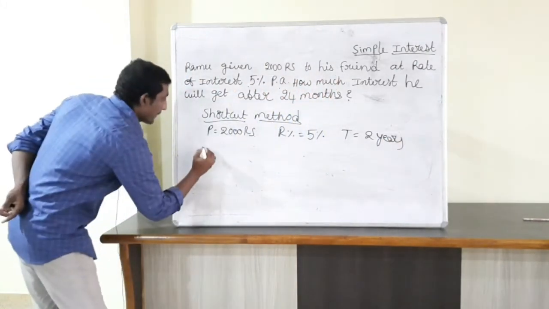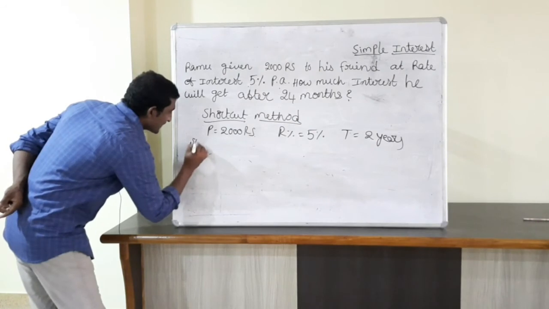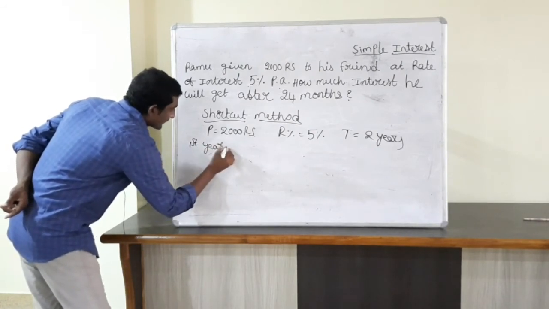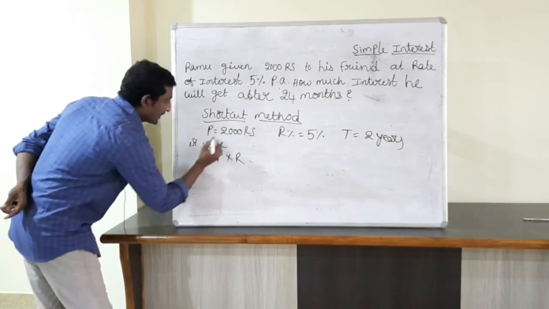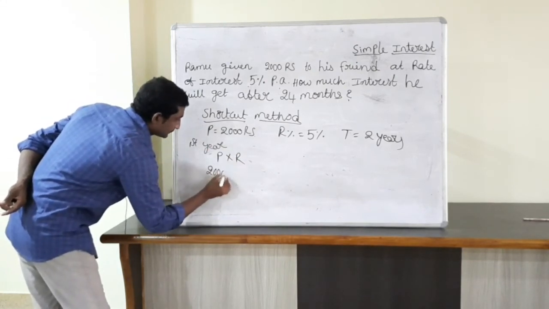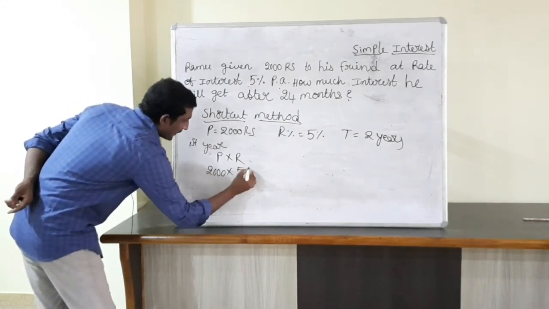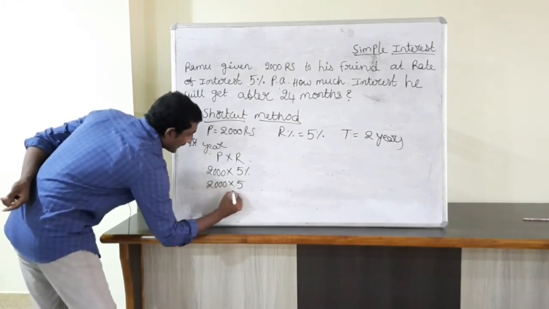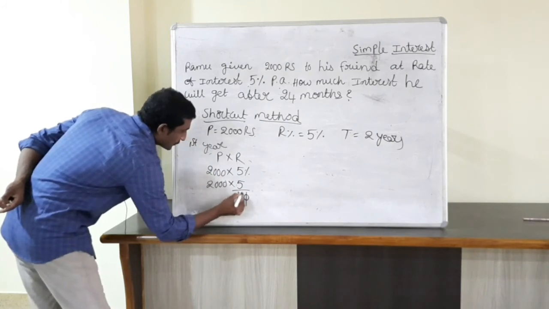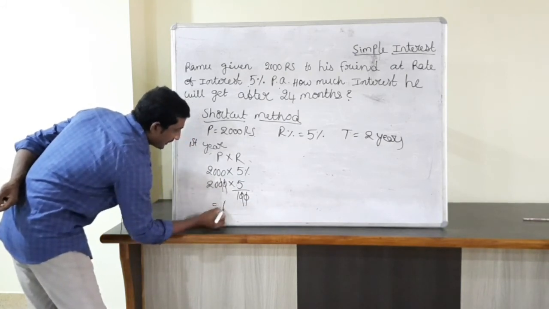Here, look: first year, P into R, P means 2000 into 5%, 2000 into 5 by 100, 0 0 0 0, total 100.